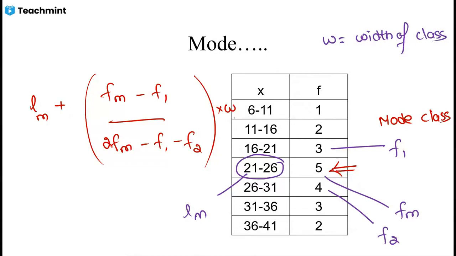Guys, everyone try. What's the answer you got? Mode is this, just substitute all the data. Calculate the mode. I'll wait for your turn. And use that relationship also: 3 times median minus 2 times mean. That way also you can try. So everyone calculate using this data now. Fm minus F1 divided by 2 Fm minus F1 minus F2.